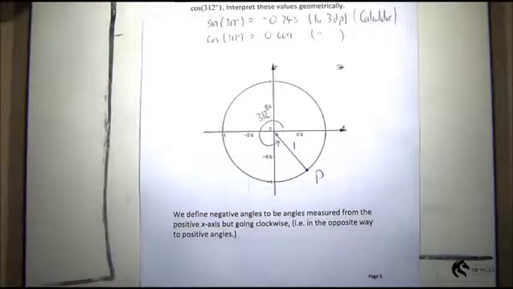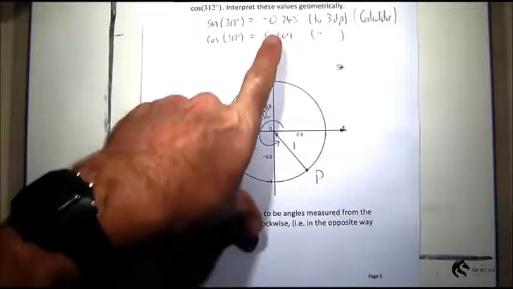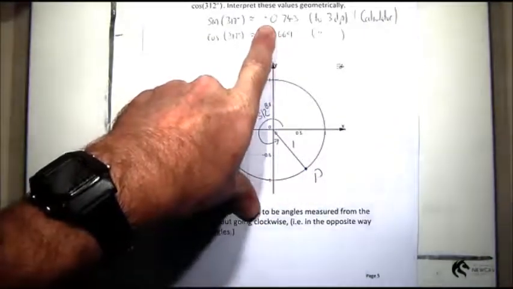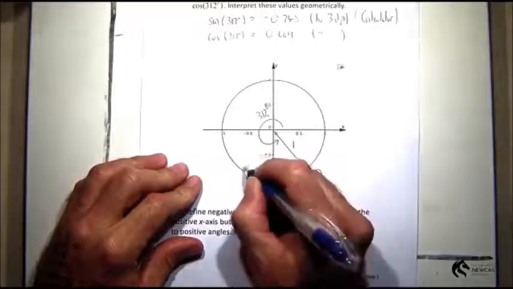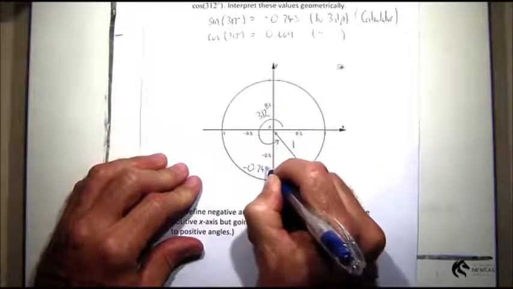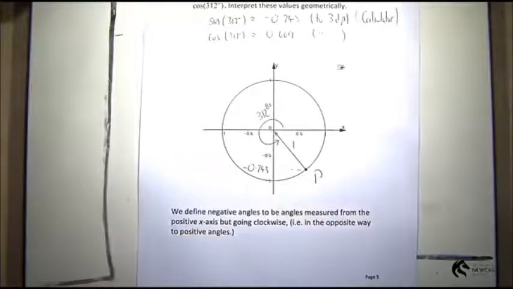And according to my calculator, the y-coordinate of P is about minus 0.743. So across here, that value is minus 0.743. And that seems pretty reasonable, doesn't it? Assuming that I've got my angle close to 312.